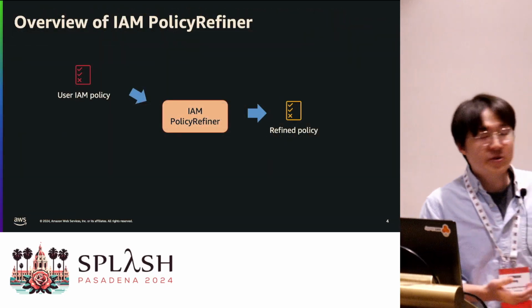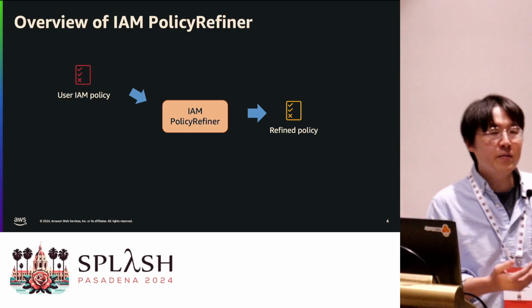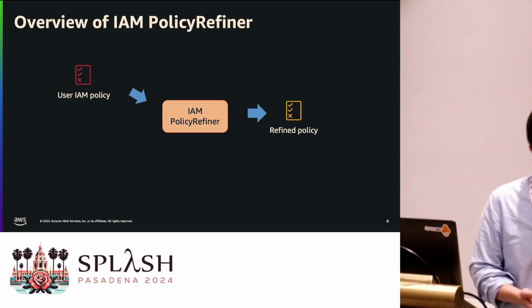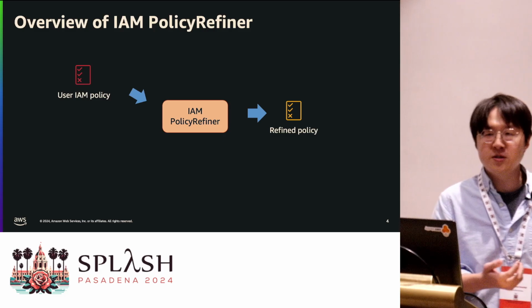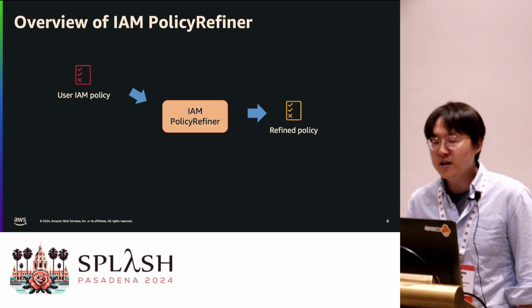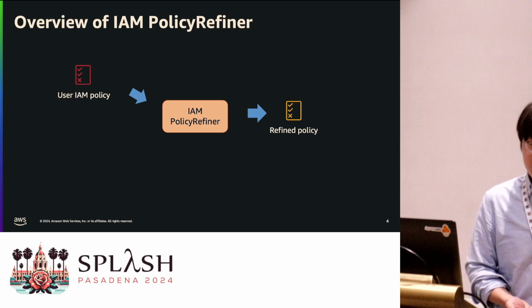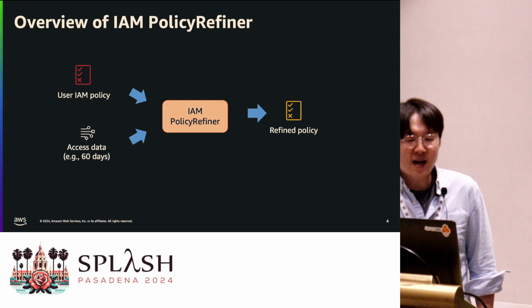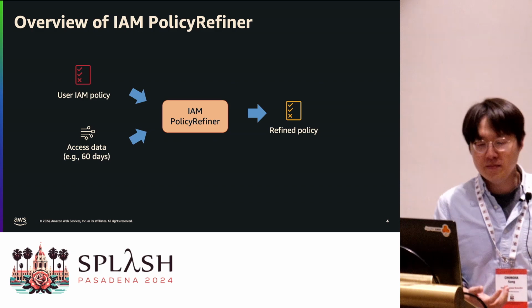So to help in this direction, we present the IAM policy refiner. IAM policy refiner helps to modify policies to remove permissions automatically. It takes the user's IAM policy to refine, and it takes another input, which is access data for a certain period of time.